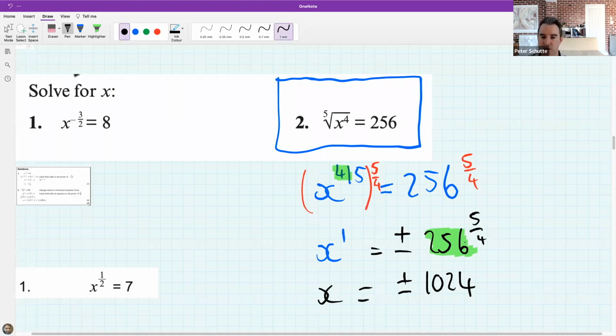If you want to see where that answer comes from, we can also break the 256 down further, but time-wise, I'm going to leave it for today. Normally you would be allowed to use your calculator in this particular type of step.